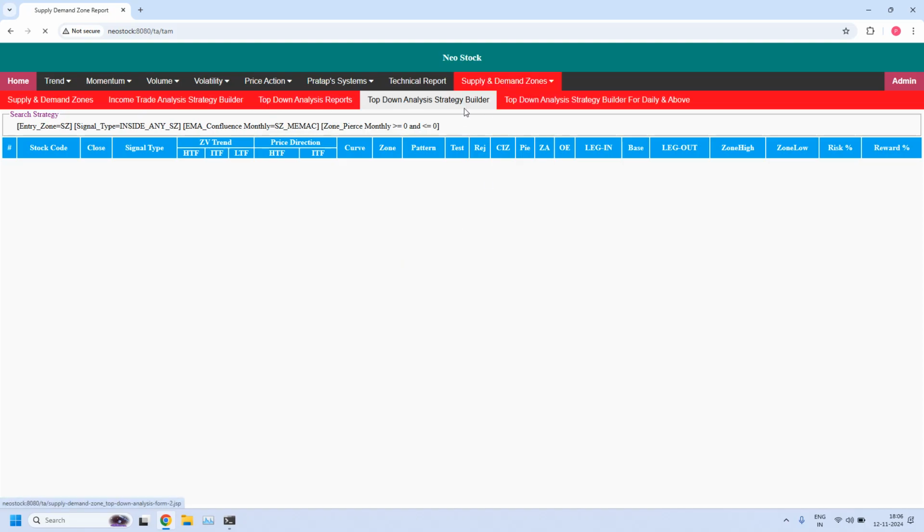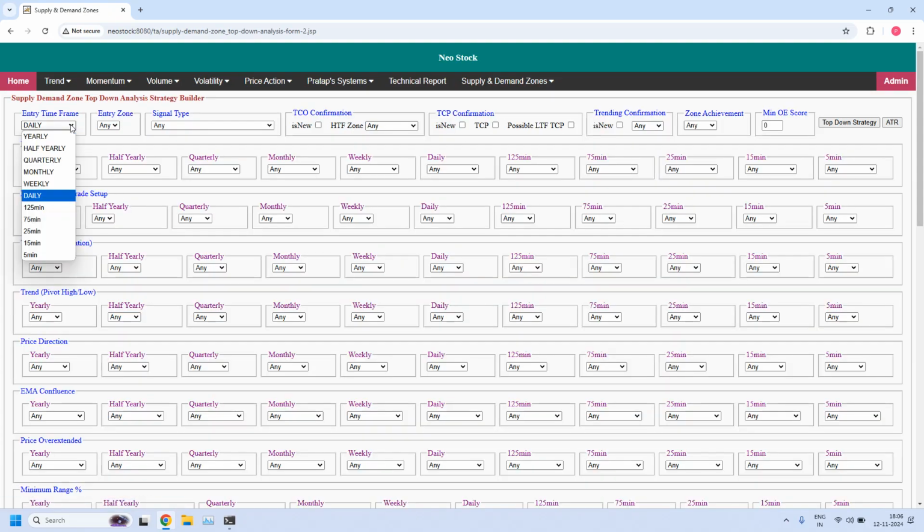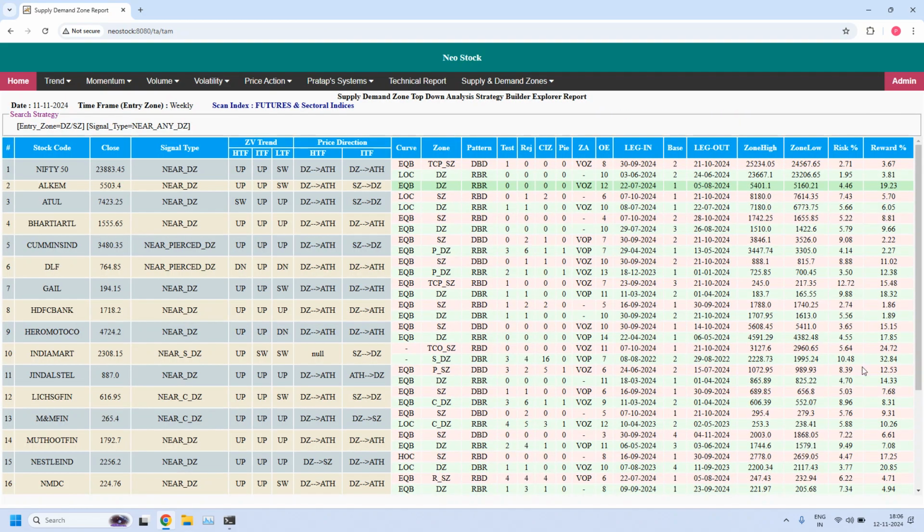Okay, next time frame is weekly. Let us find the stocks near weekly demand zone. So these are the first 16 stocks. I am scrolling the list down.